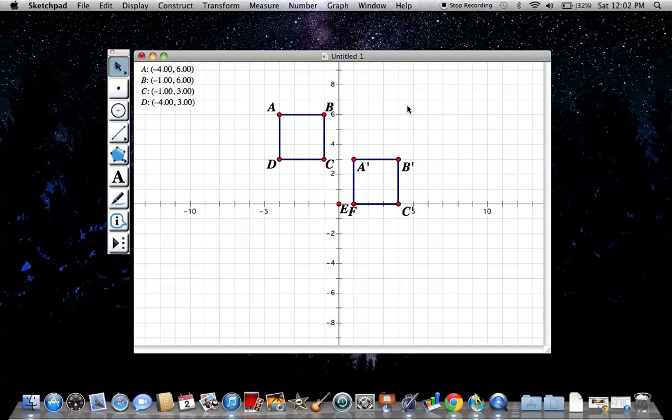So let's label all the points. Display, show labels. If you notice, I moved every point from the pre-image 5 units to the right: 1, 2, 3, 4, 5. And then I translated them down 3 units: 1, 2, 3. Okay? So let's get the coordinates for all these points.